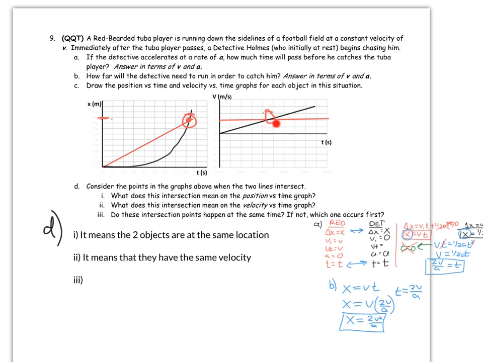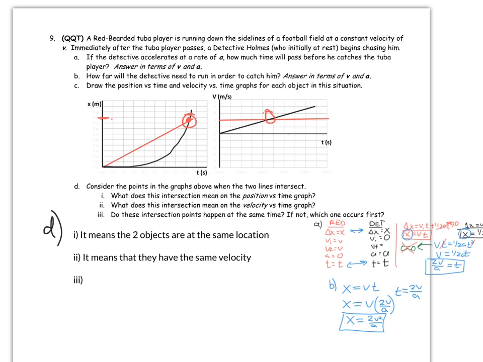This point is going to occur first. The detective will reach the same speed as the tuba player before the detective actually reaches the same position. We talked about that a little bit before, but you have to keep in mind that the detective ultimately needs to be running faster than the tuba player in order to catch up. So this point over here is when that happens.